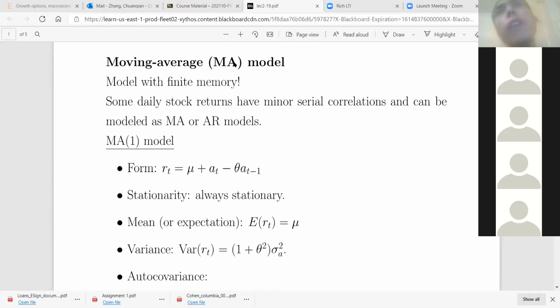Okay, so the moving average model. I think we have probably heard of moving averages before. Again, this is another parallel method to estimate and forecast time series data.